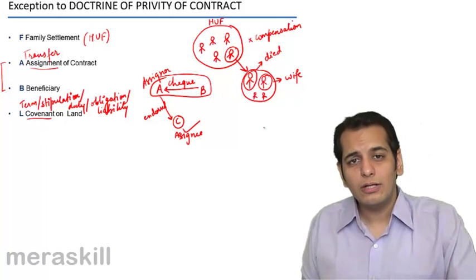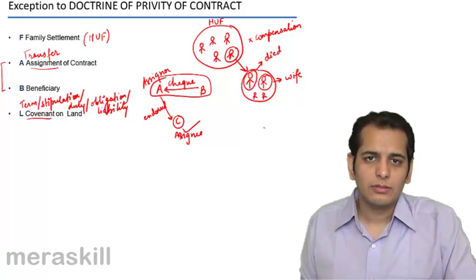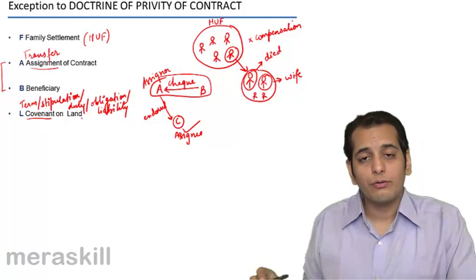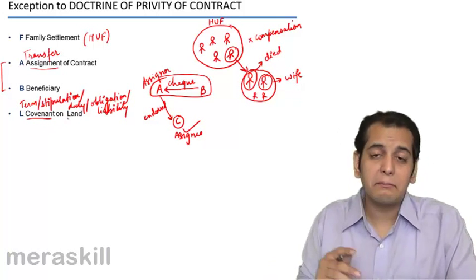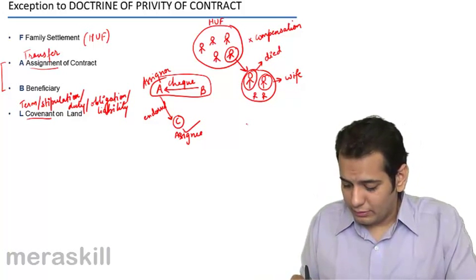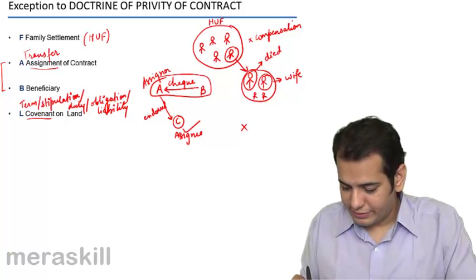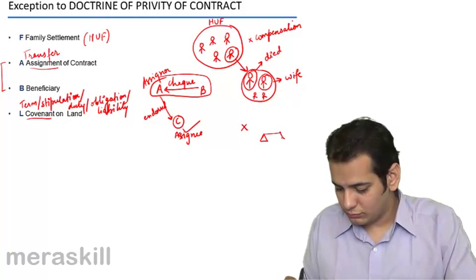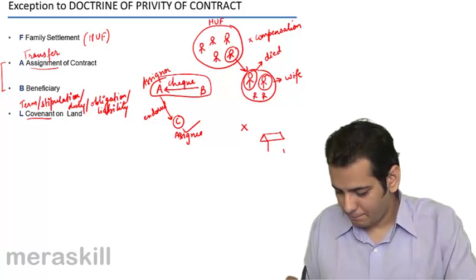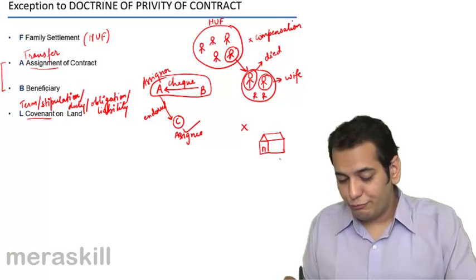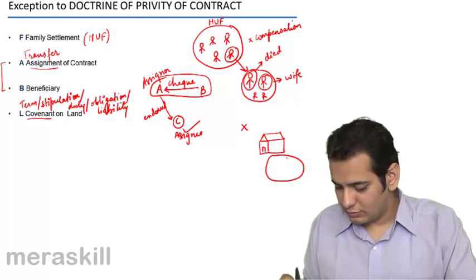There was also a landmark case in England, in London, wherein this point was raised. This point was the main contention of the case, where there was a person, let's say X, he owned a house, and before the house there was this garden.